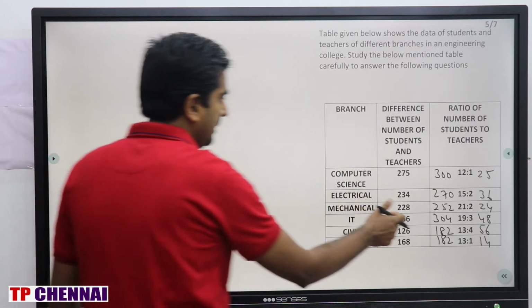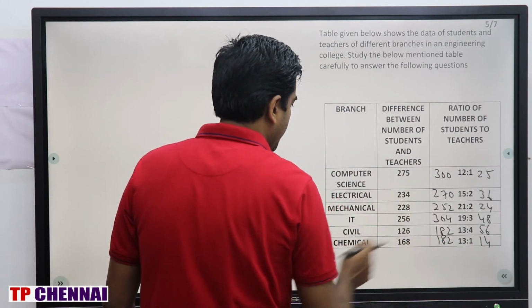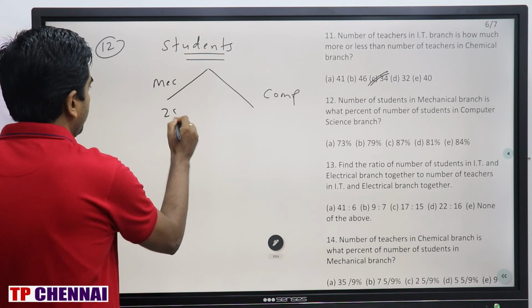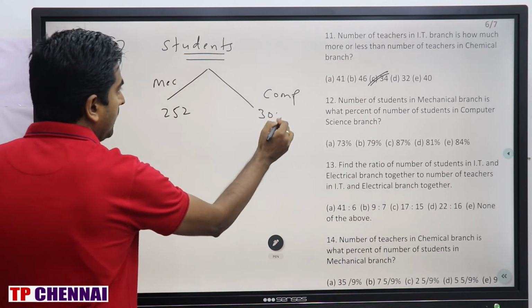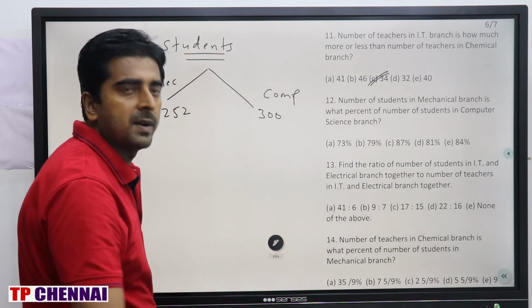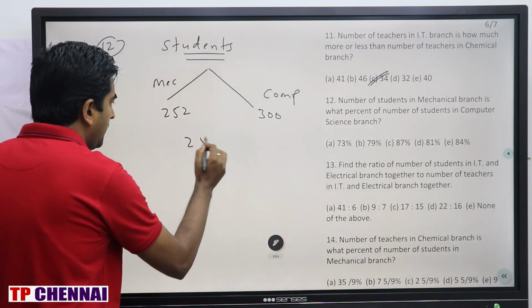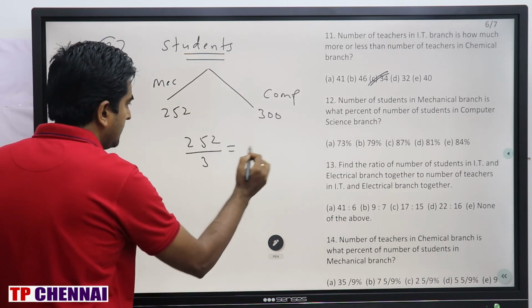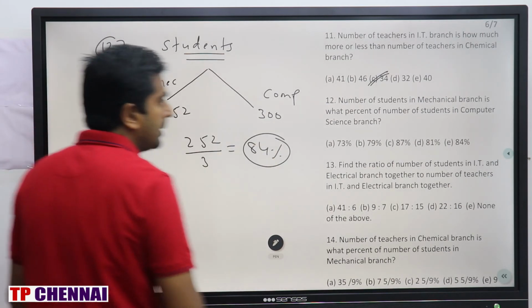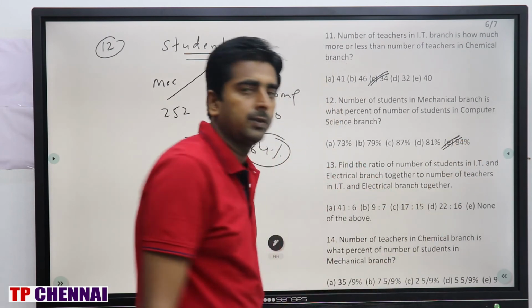Students in mechanical 252 and computer science 300. Right? So they are asking percentage, not percentage more. So 252 by 300. What is the answer? 3 8s are 24, 3 4s are 84%, which is nothing but fifth option.